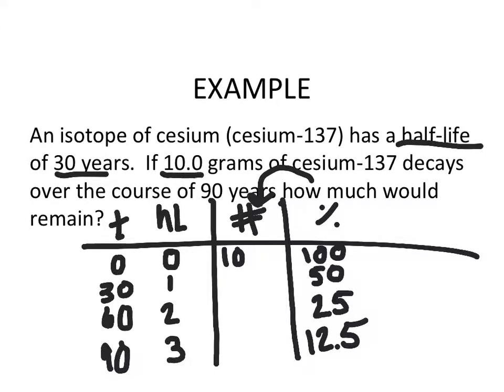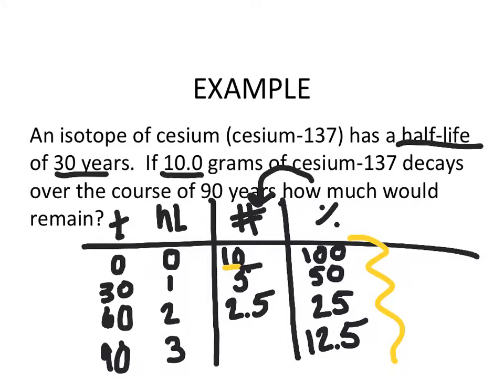If this part doesn't make sense to you, you can always just go back to basics and just divide this number by 2. So for half-life 1, we have half of 10 left, which is 5. For half-life 2, we have half of 5 left, which is 2.5.